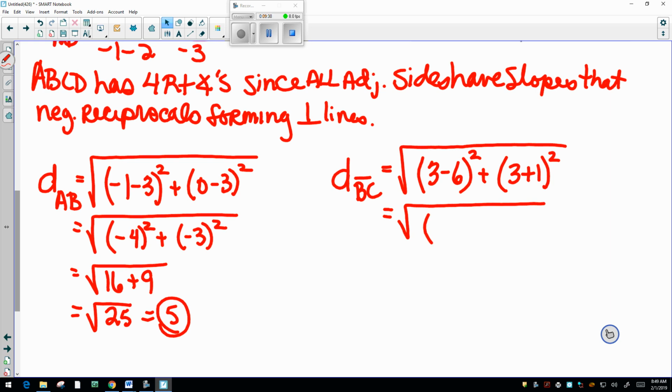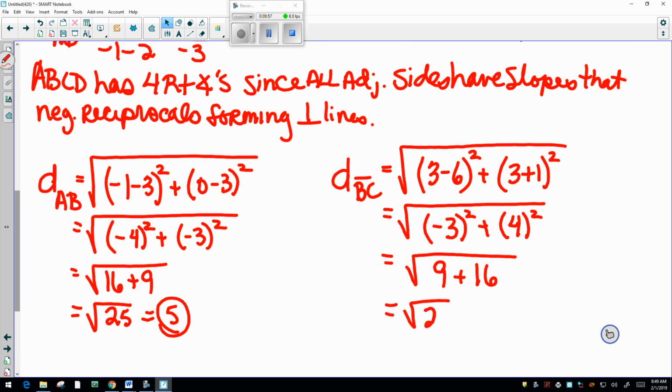So if I simplify, remember simplify first, I get a negative 3 squared. Over here I have a positive 4 squared. So now I have to go back and square them. And this would get me positive 9. Over here, positive 16. When you add, you're going to have the square root of 25, and the square root of 25 simplifies down to 5 because it is a perfect square.